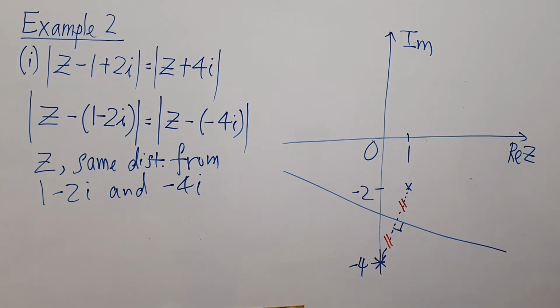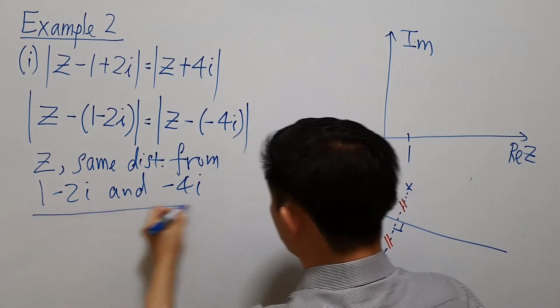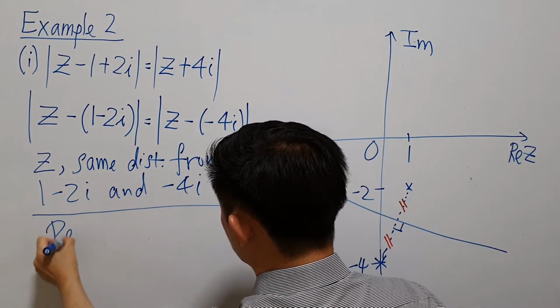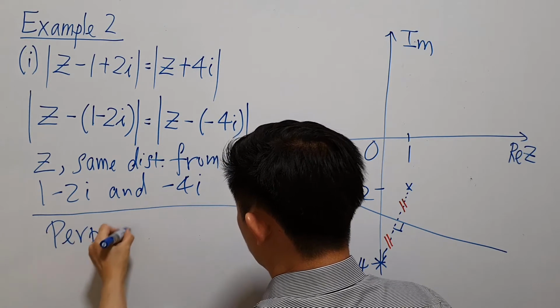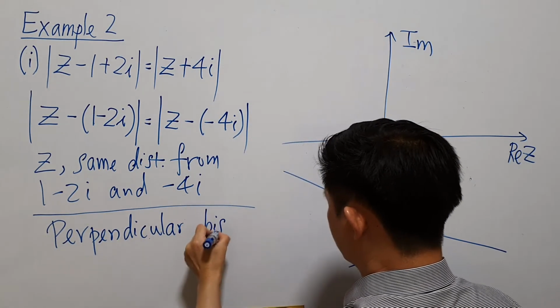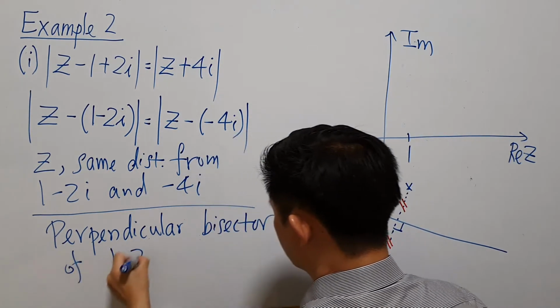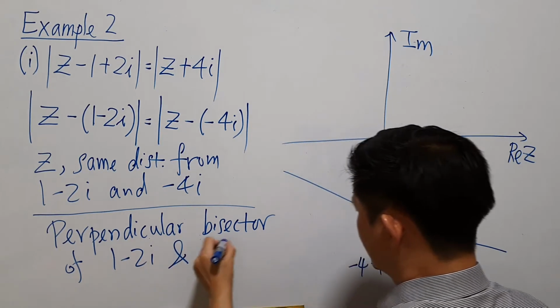And how would you describe this locus? You will say that it is a perpendicular bisector of 1 minus 2i and minus 4i.